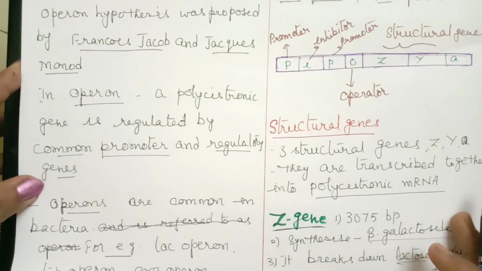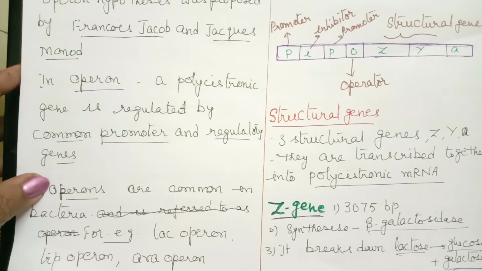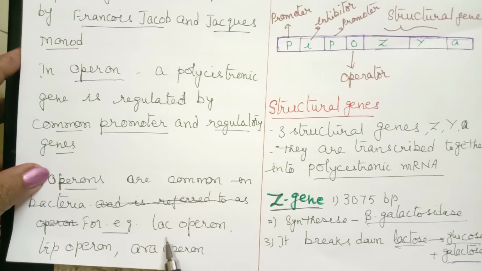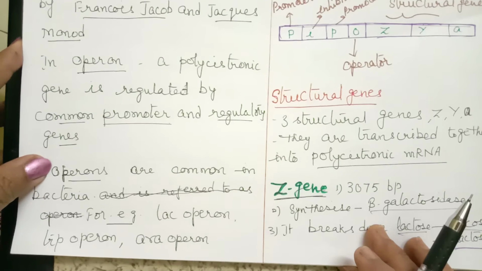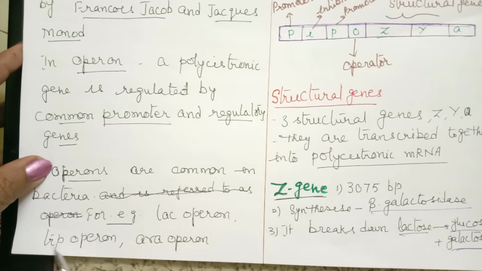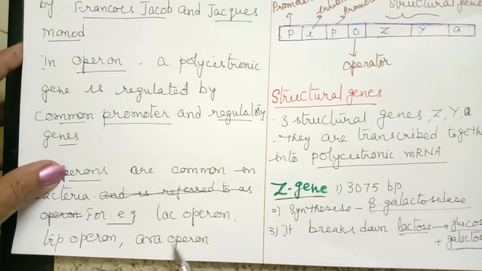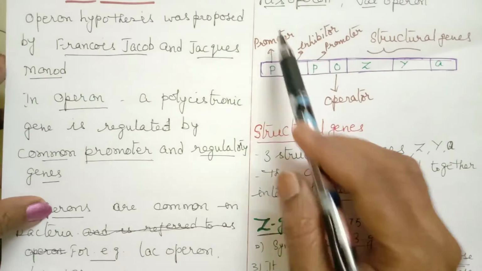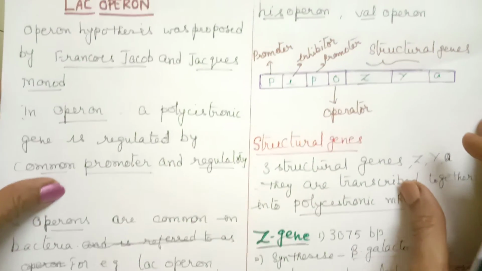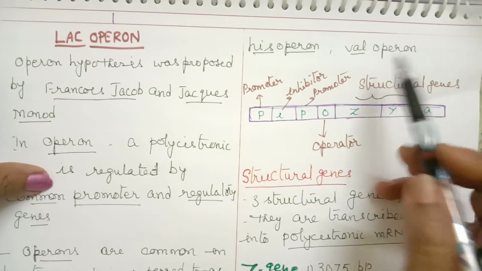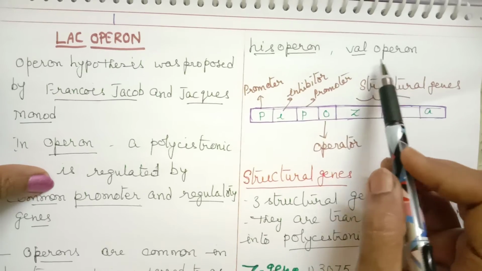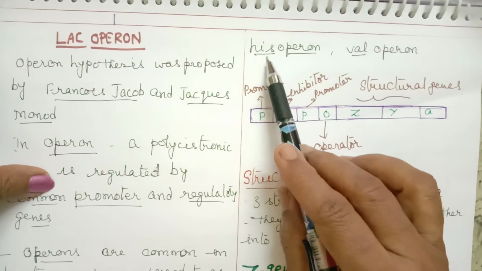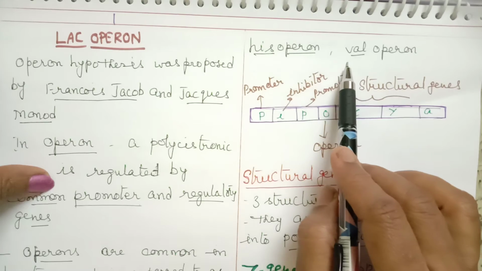Operons are common in bacteria, in E. coli, where they are most commonly studied. For example, there is the Lac Operon for lactose metabolism, the tryptophan operon for tryptophan synthesis, the arabinose operon, the histidine operon (HIS) for histidine synthesis, and the valine operon for valine. Wherever these amino acids are involved, it is for their synthesis.